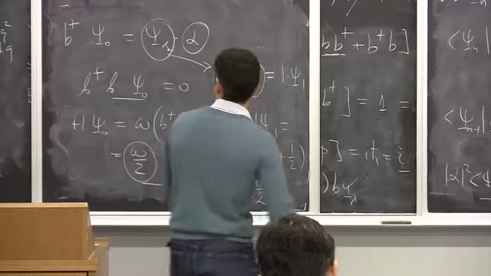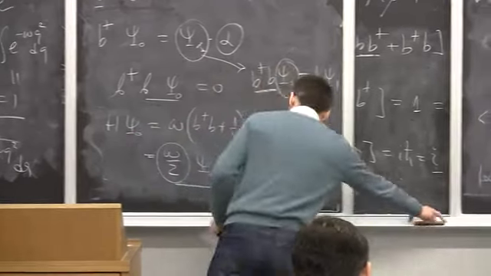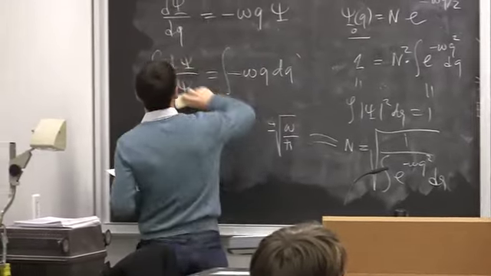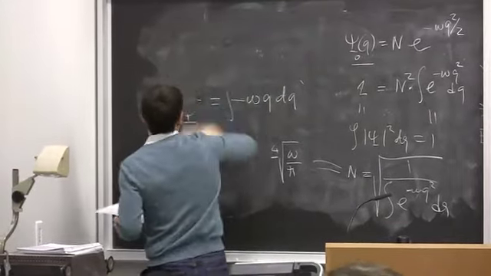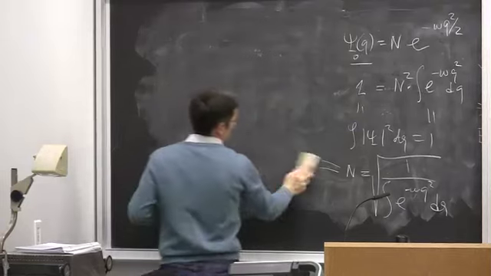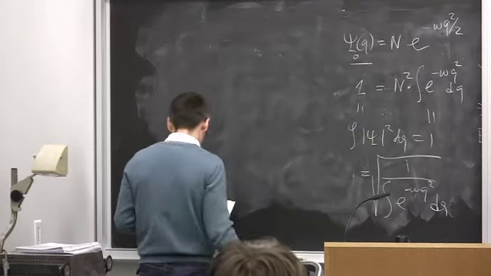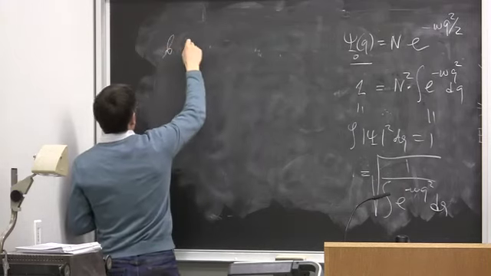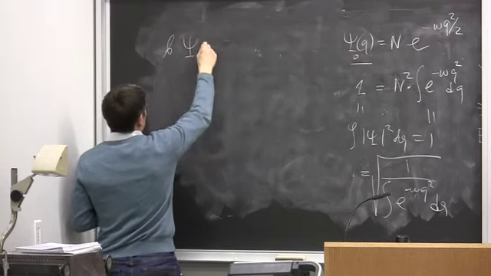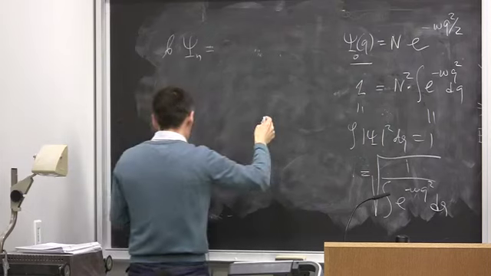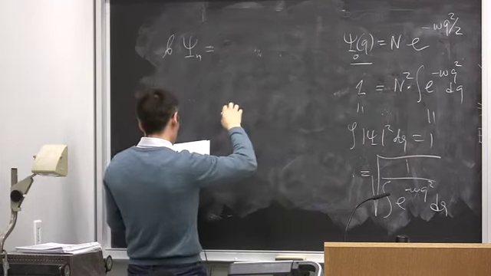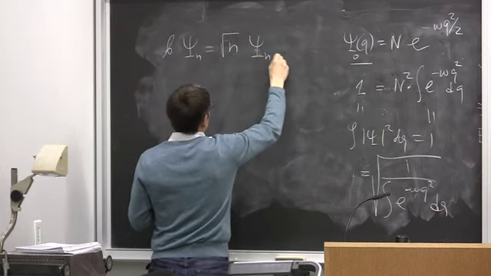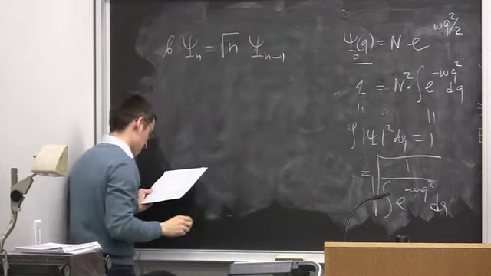Now what this all tells us is just one extra thing, essentially. It's how the raising and lowering operators act on our eigenfunctions, right? So if you have b and you have eigenfunction psi n, that means we have square root of n psi n minus 1. Okay?